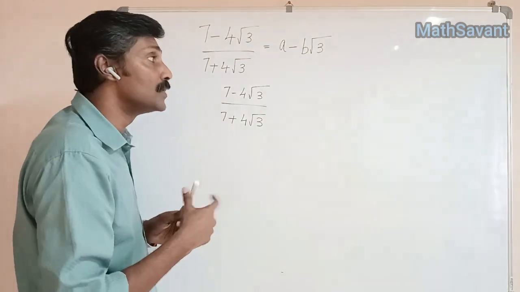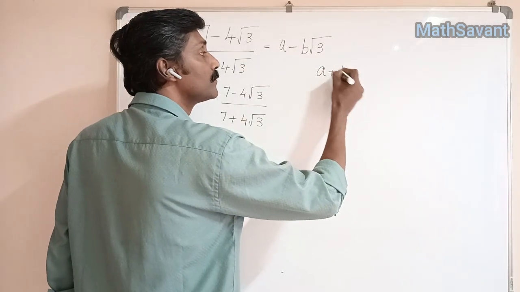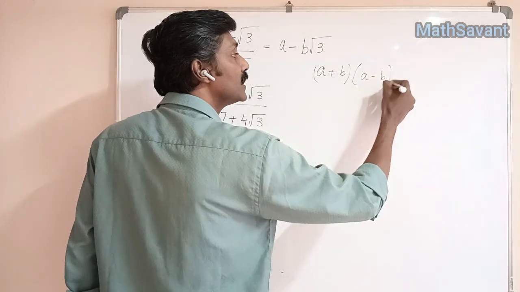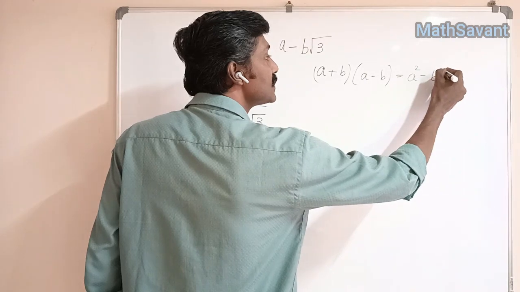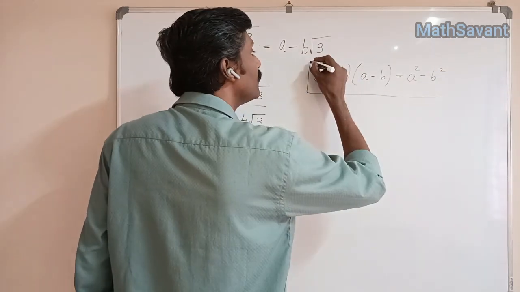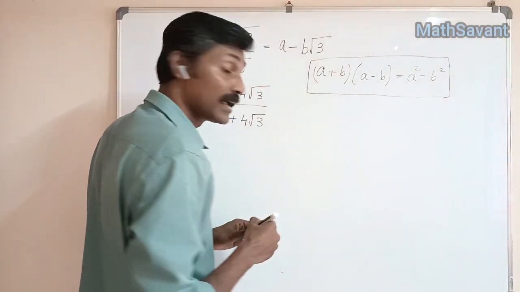And we all know that (a plus b) into (a minus b) will give you a square minus b square. So this is an important identity that you need to keep in mind whenever you have such problems involving a square root in the denominator.